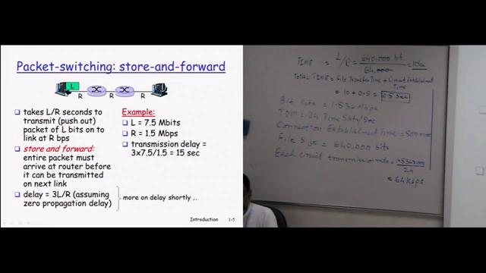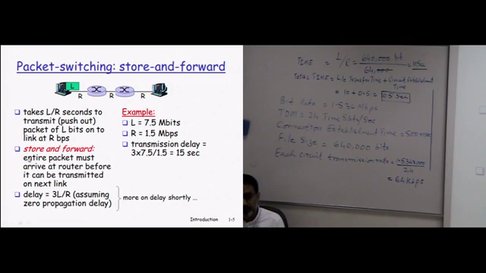The source host will send a file of L bits to the first router, and the link has a data rate of R. So it will take L upon R seconds to transmit a file of size L over a data rate of R. It will take this many seconds to push out a packet of L bits on a link of R bits per second. Clear? The same formula we used in our numerical, L upon R.